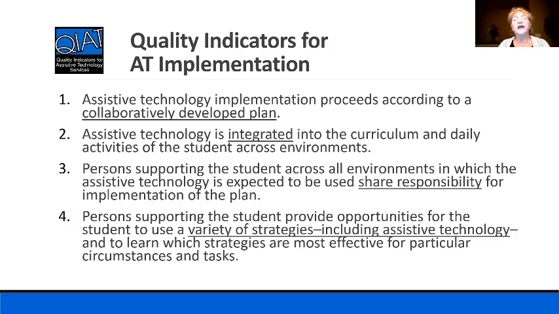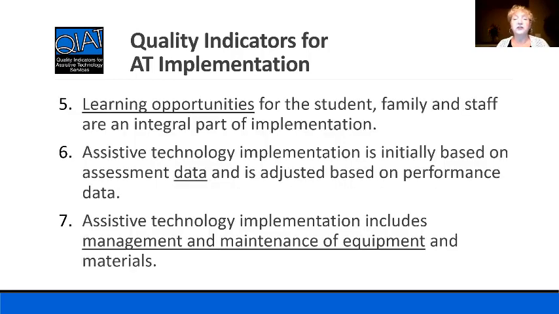We looked at, in the area of AT implementation, people to support students through a variety of strategies, including their AT and things that are built into their assistive technology, so that they can be as effective as they can be in all the different circumstances that they're in. Additional indicators include learning opportunities for the student, family, and staff.